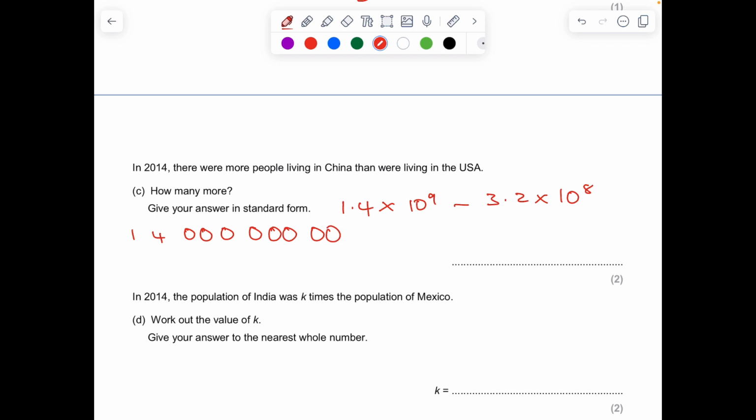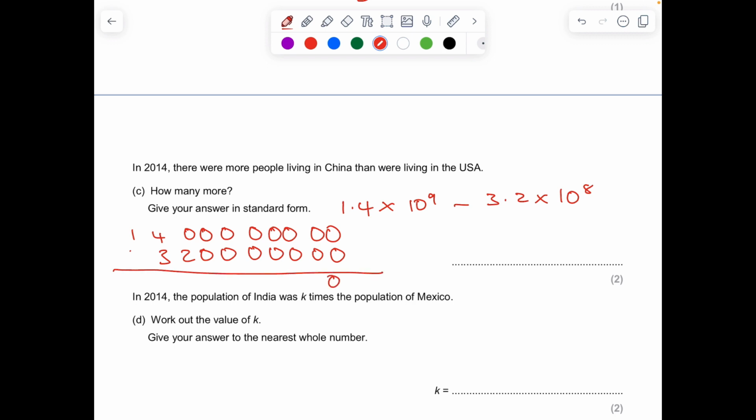And then the 3.2 times 10 to the power of 8 is 3, 2 and 7 zeros.